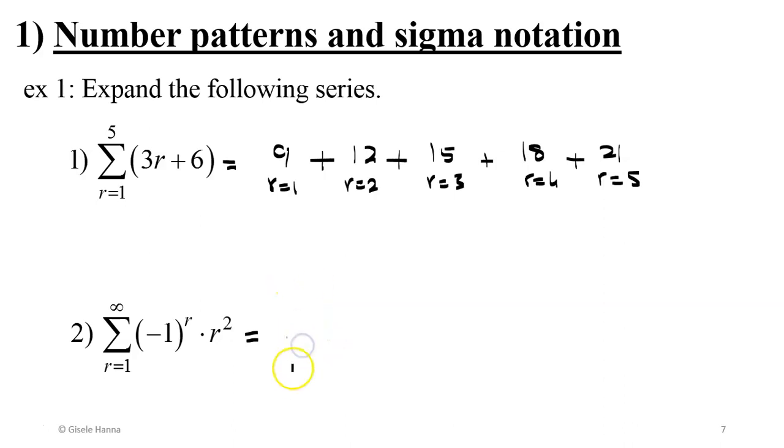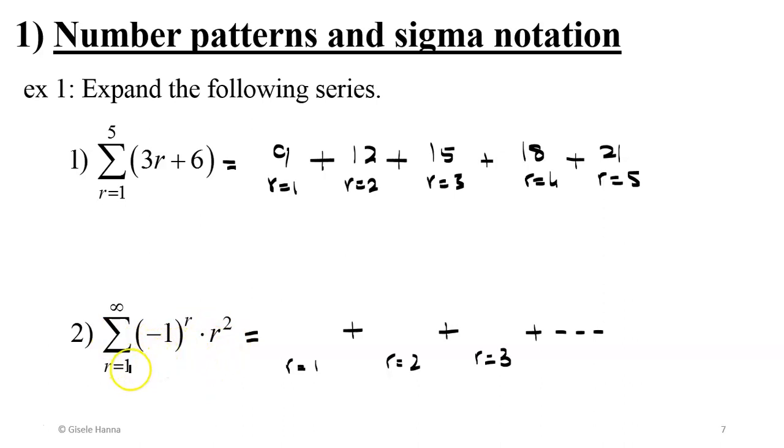I'm going to just drop this down the line. So for r equals 1, r equals 2, r equals 3, and then start evaluating them. So I'm going to determine the first 3 terms of the series and then eventually end with an ellipsis to say that this series goes on infinitely.